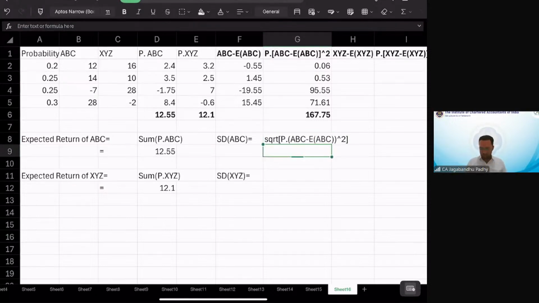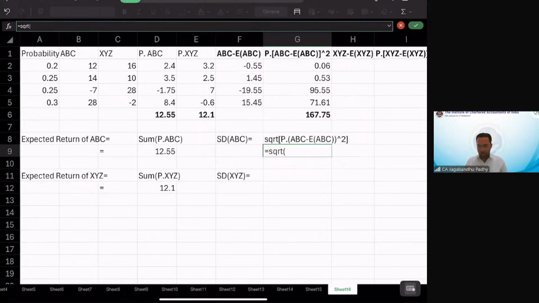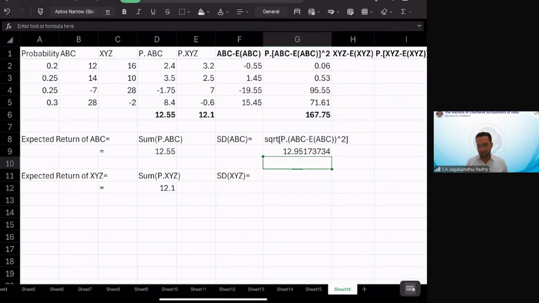So this will be simply the square root of 167.75, which is 12.95.